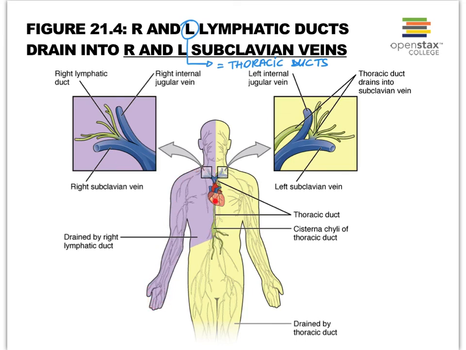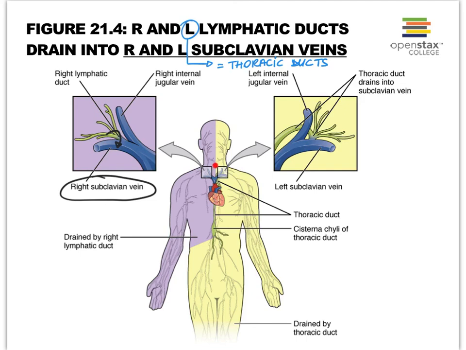So everything in the purple here is drained into the right lymphatic duct. That right lymphatic duct will then drain into our right subclavian vein.